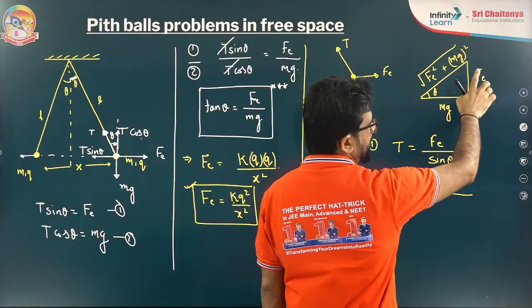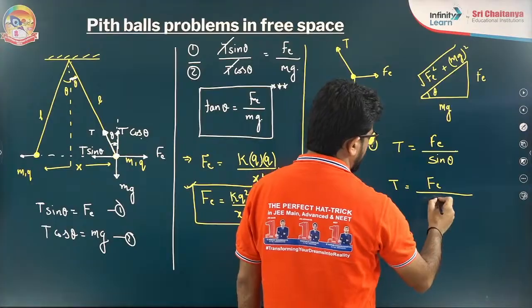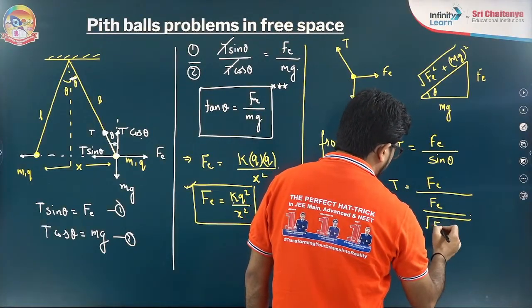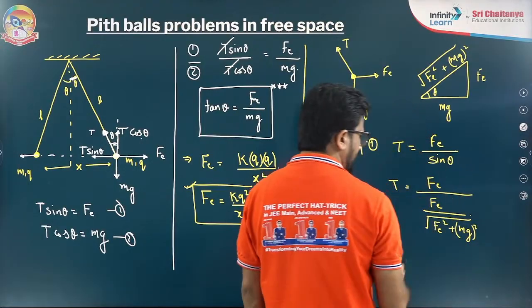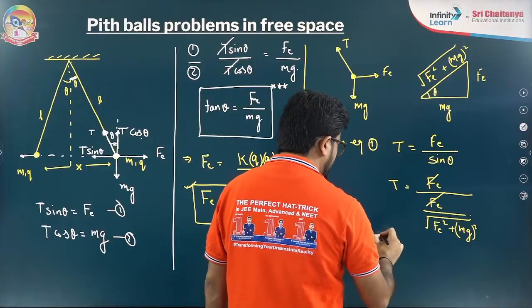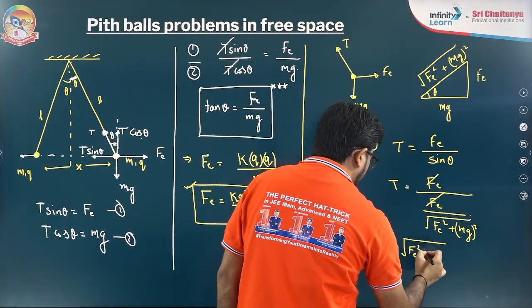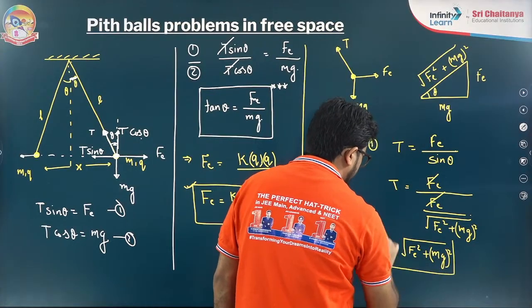Sin theta would be perpendicular upon hypotenuse, that is equal to Fe divided by root over Fe square plus mg whole square. Fe cancelled, then tension is equal to root over Fe square plus mg whole square. That's the answer.